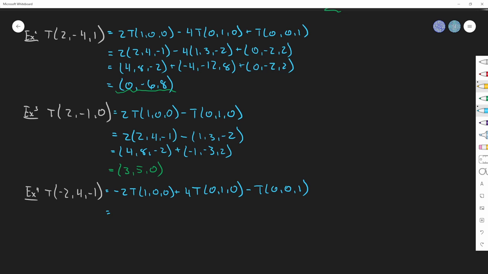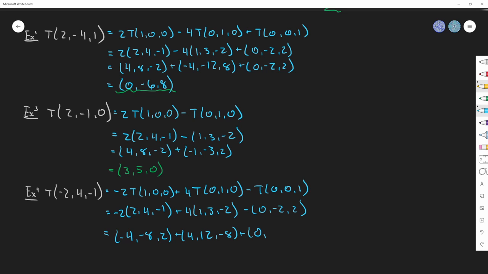Substituting what our function yields, it is (2, 4, -1) plus 4 times (1, 3, -2) minus (0, -2, 2). So this would be (-4, -8, 2) plus (4, 12, -8) plus (0, 2, -2).